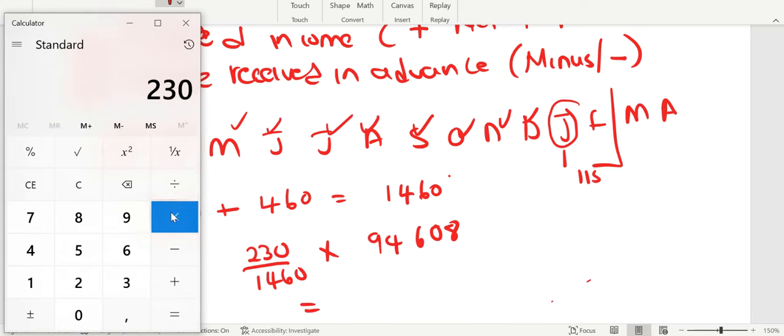So 230 divide by 1,460, and then we multiply by 94,608, and then it is giving us 14,904, which means that we are supposed to subtract 14,904.